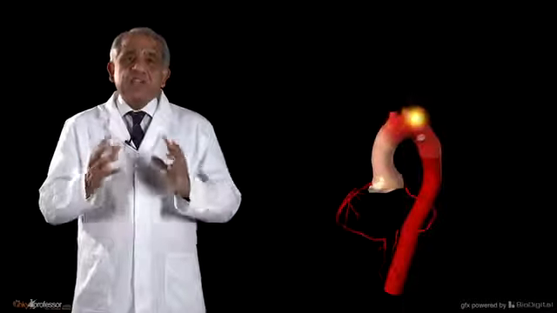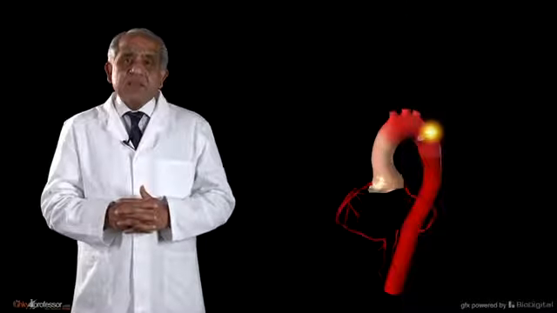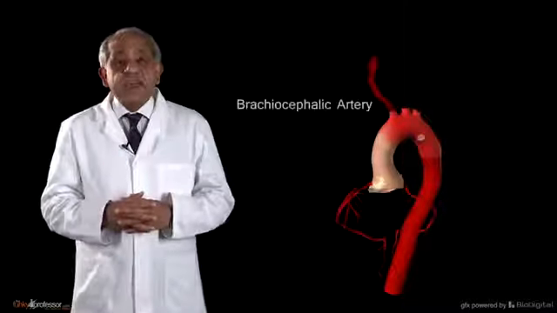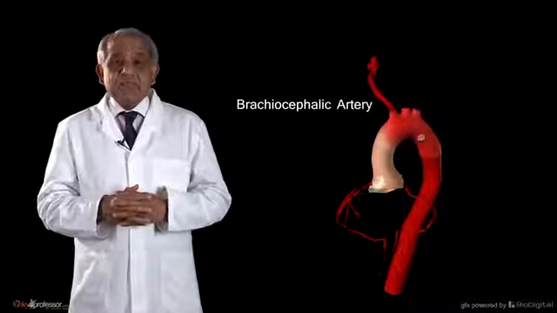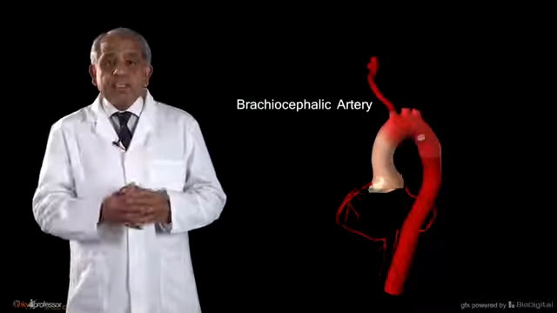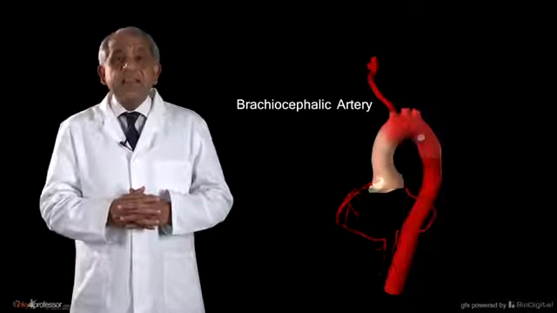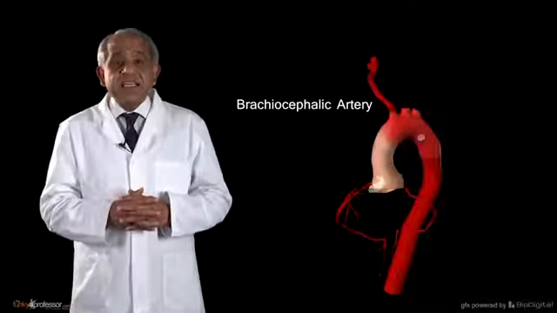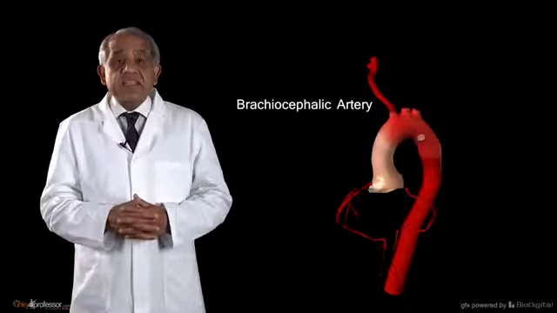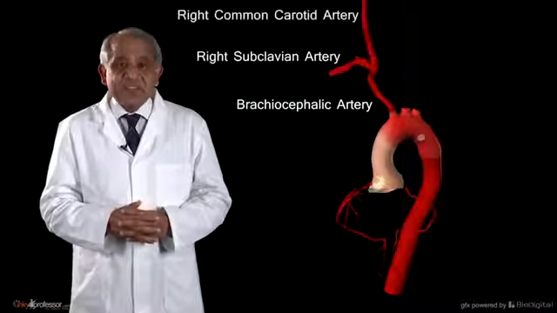From the convexity of the aortic arch arise three large branches. The first of these is the largest and is called the brachiocephalic artery. This is the one that runs upwards and to the right, and behind the right sternoclavicular joint, it breaks up into the right subclavian and right common carotid arteries.